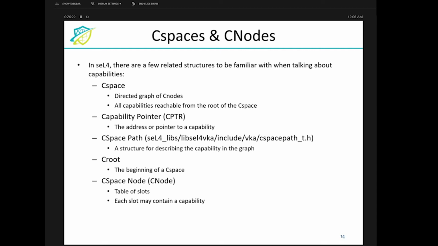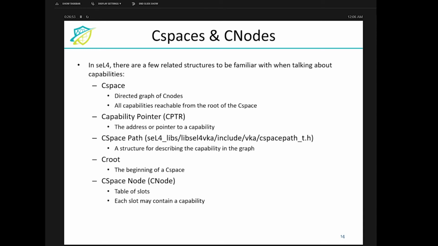So in seL4, there are a few related structures that we have to think about when we're talking about the capability security model. One is CSpace, which is a directed node graph of CNodes. The next is a capability pointer, which is an address to a capability. The next is your CSpace path.